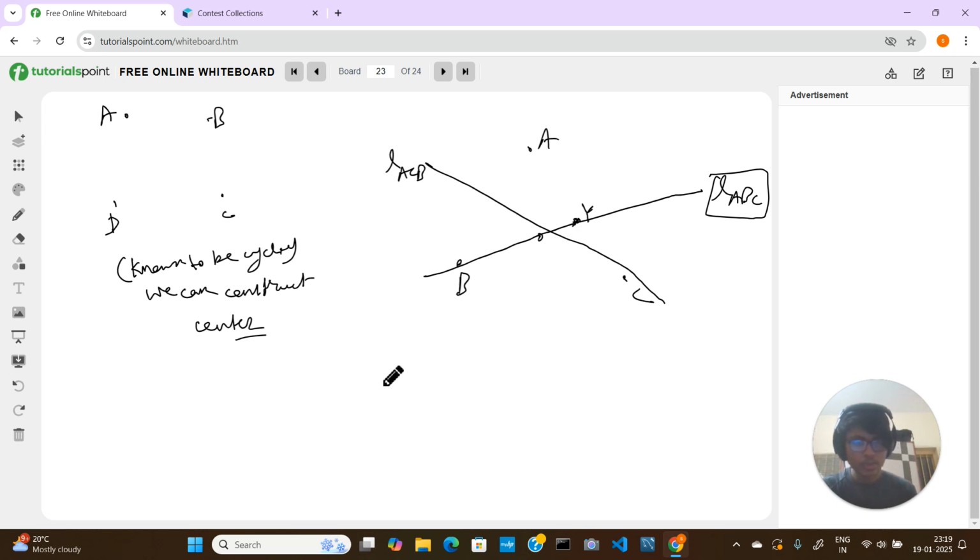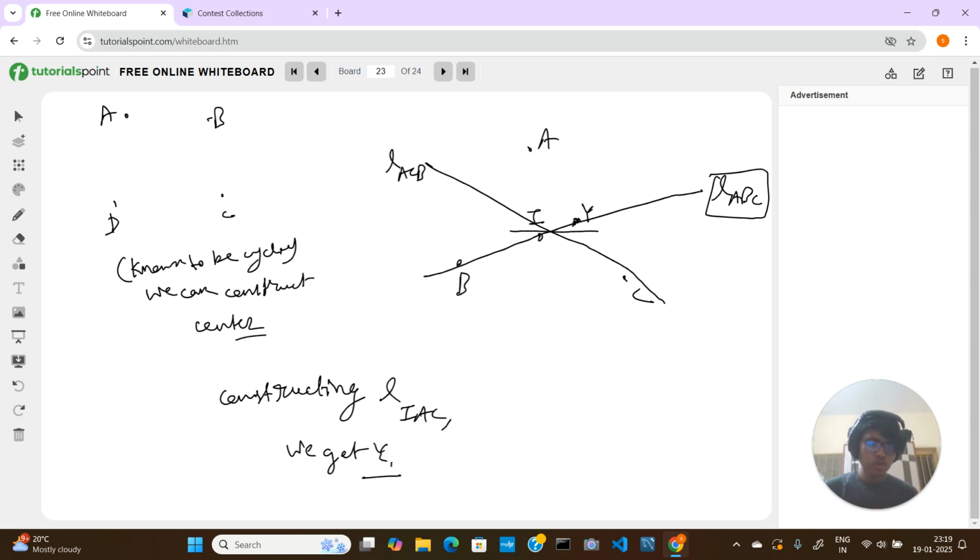How did we get this Y? We got this Y by constructing the perpendicular to AC through I. After getting Y, we drew the bisectors of YIC and IBC. Those gave us the excenter of BIC, and we also know how to construct the incenter of BIC. And from here we know I, P, C and Z are cyclic.